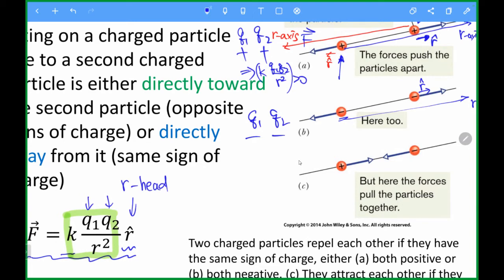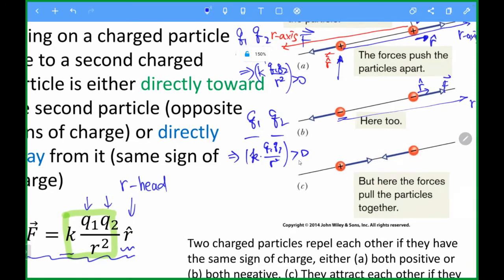So the whole term k times Q1, Q2 over r squared is still positive, because negative times negative is positive. Which means that F has the same direction as r hat.